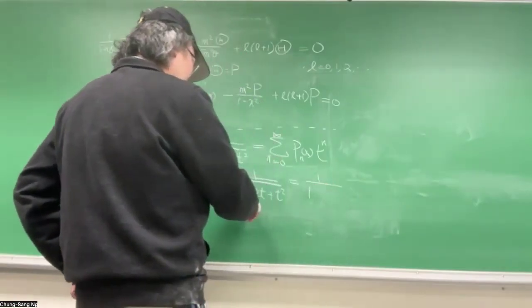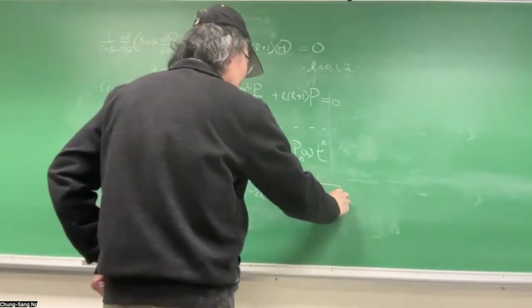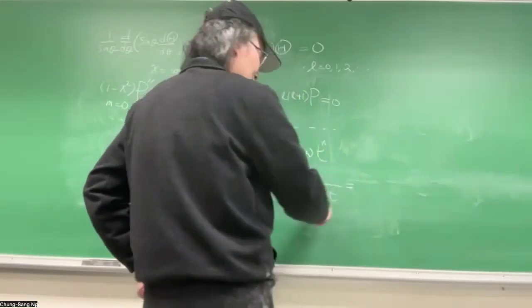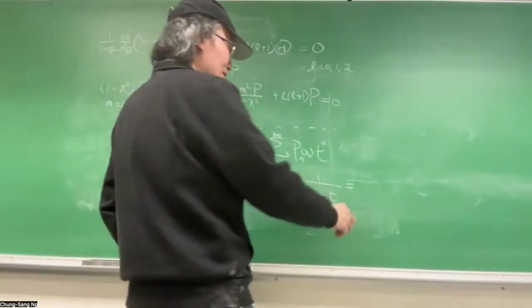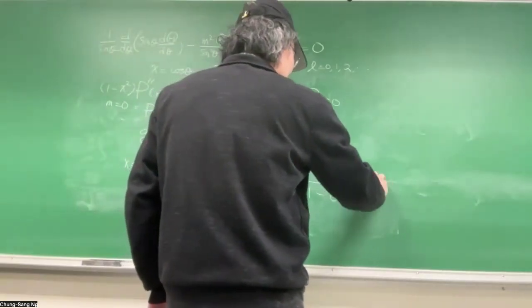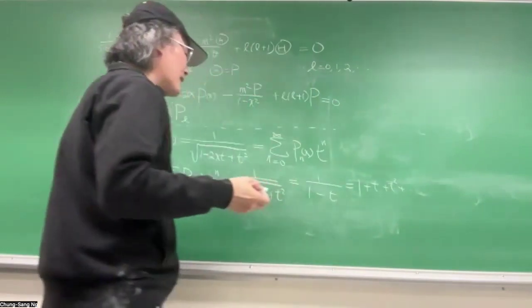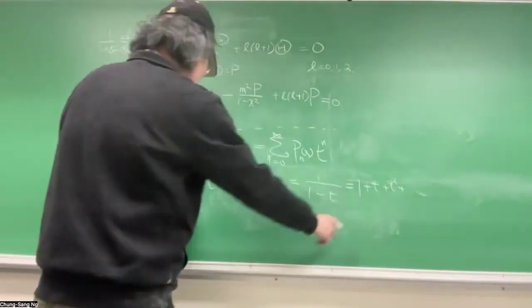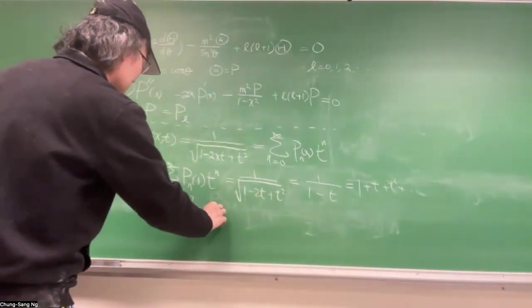This becomes 1 minus t squared, and then the square root becomes 1 minus t, right? And that expansion is trivial, you all know how to expand this. It is 1 plus t plus t squared, and so on. Compare this with that, and you can see right away that all the P sub n at 1 are 1.